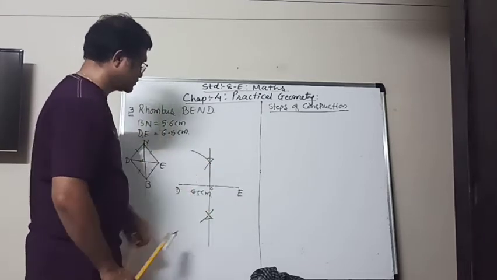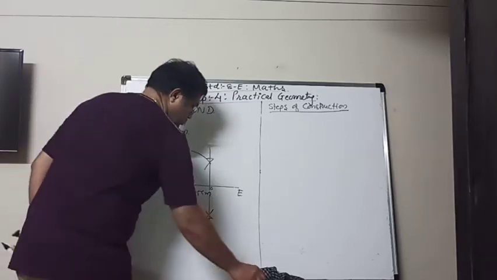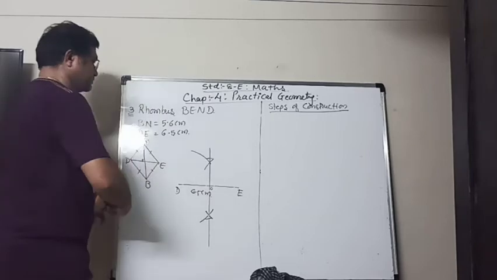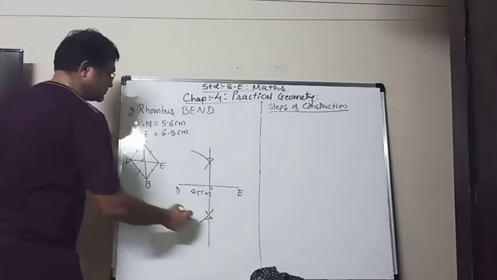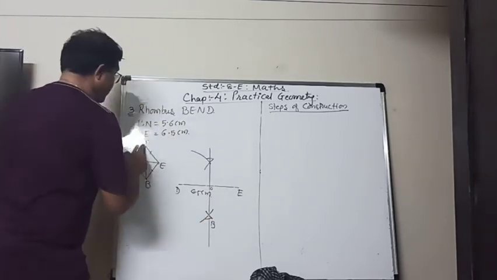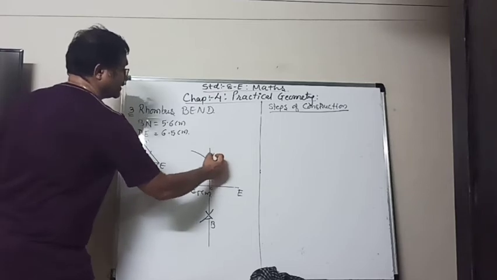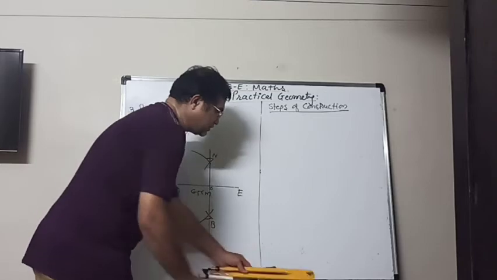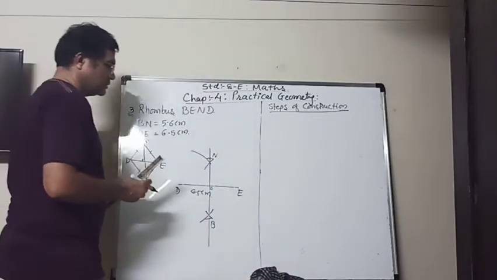So you will get two points on that bisector, and name them B here and N there. Finished. Now we have to just join those line segments.